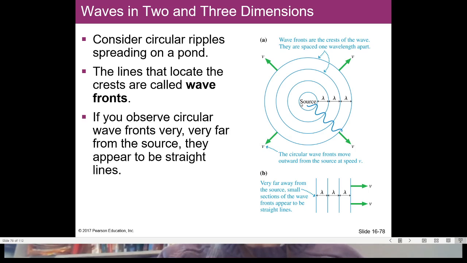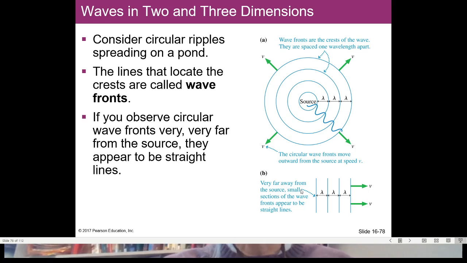So the wave is going outwards like that in the radial direction. Okay, and the wave itself is going up and down. So imagine it's coming out and in, out of the plane of the water or the page here. Okay, so we call these wave fronts. Okay, and the bigger the scale that you look on these, the smaller the curvature here is.